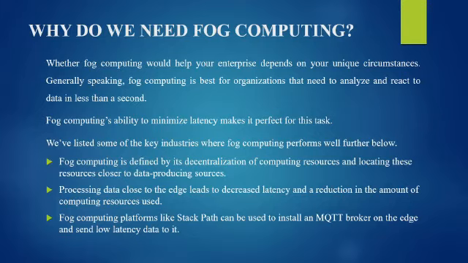Fog computing platforms like StackPath can be used to install an MQTT broker on the edge and send low latency data to it. MQTT means, as I said before, Message Queuing Telemetry Transport.